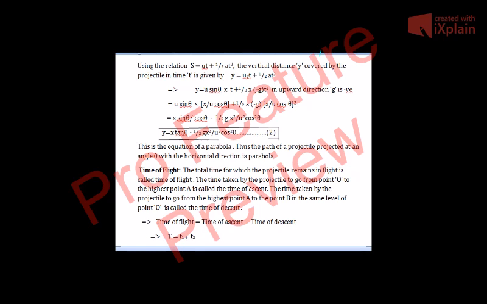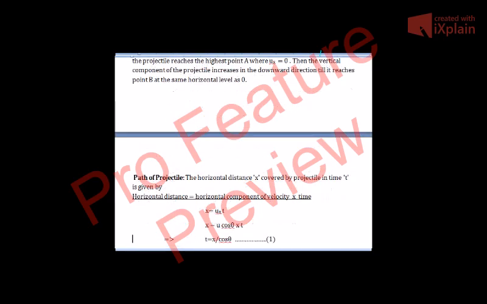Using the relation s equals ut plus 1 by 2 at square, the vertical distance y covered by the projectile is found. The vertical component first decreases till it reaches the highest point A, where uy is equal to 0. Then the vertical component of the projectile increases in the downward direction till it reaches point B at the same horizontal level as O on the ground.